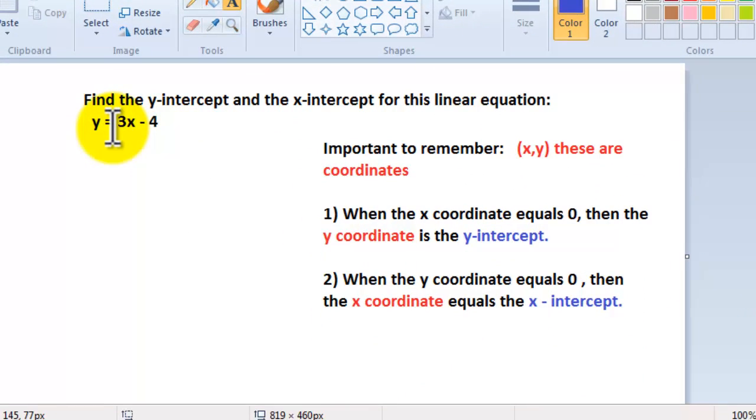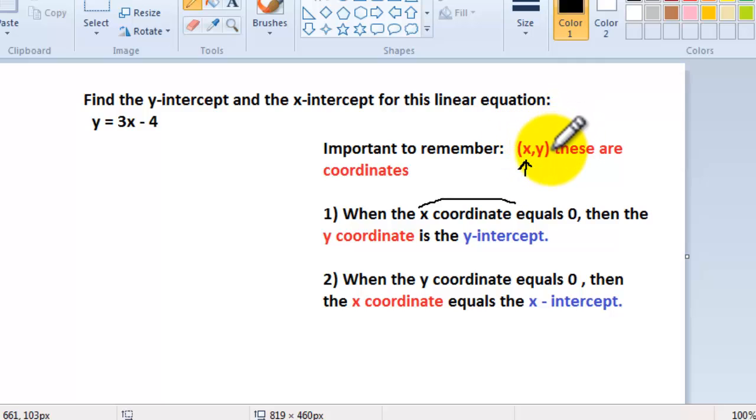This is the linear equation, and the important thing to remember to find the x and the y-intercept is that when the x-coordinate equals 0, and when I say x-coordinate, what I mean is this x in a coordinate of points.